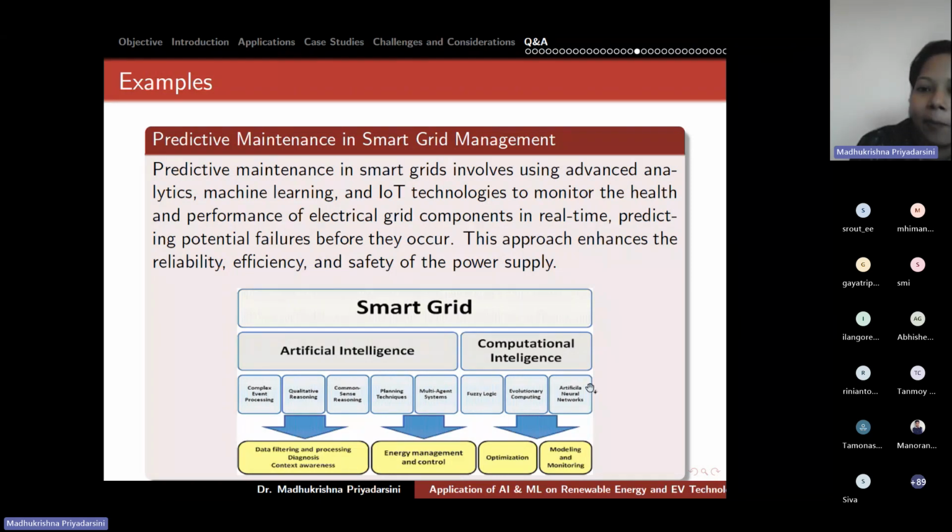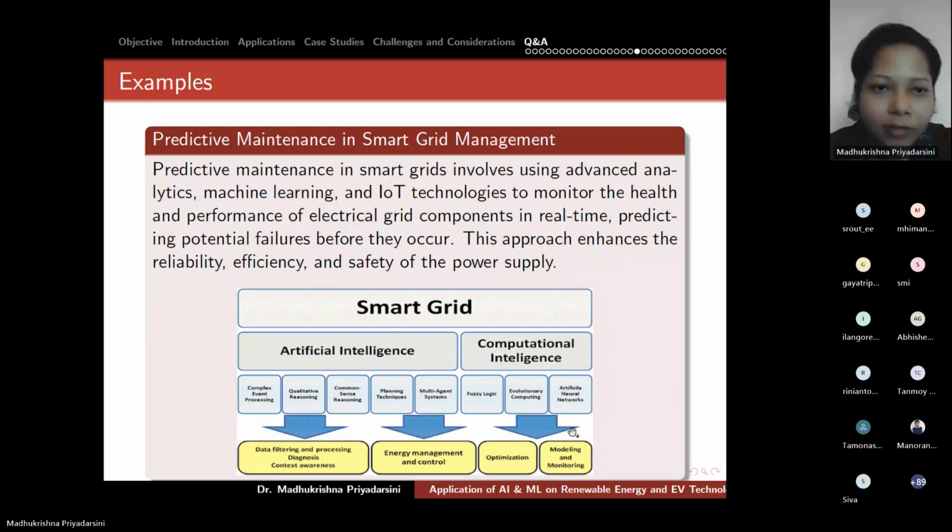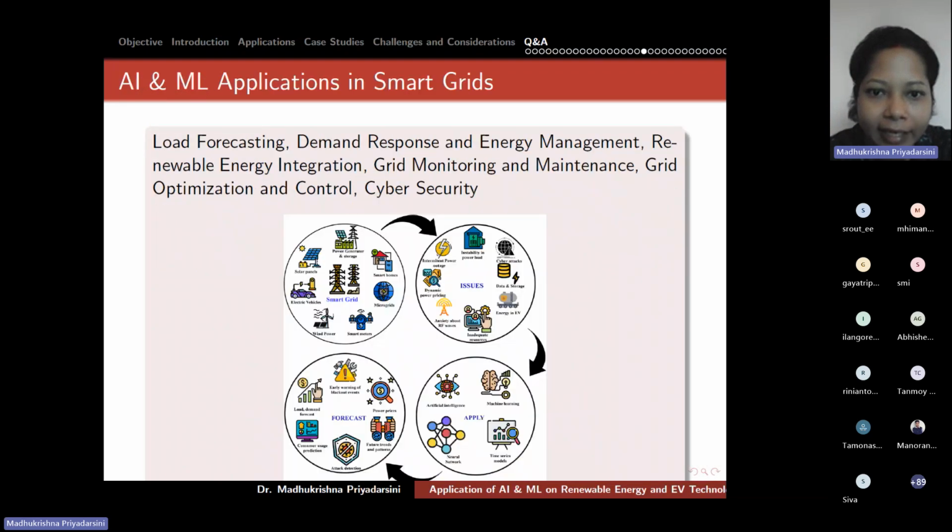We can combine artificial neural networks with fuzzy logic to get computational intelligence. Okay, so this is an example of your smart grid, and this is how the AIML application works in the smart grid for load forecasting, demand response, and energy management.